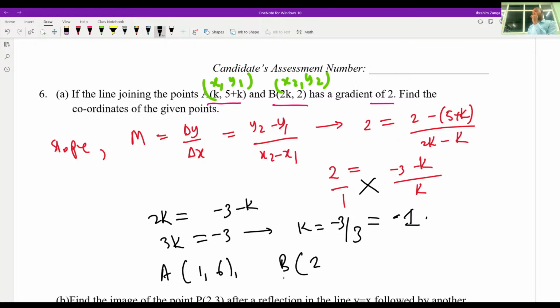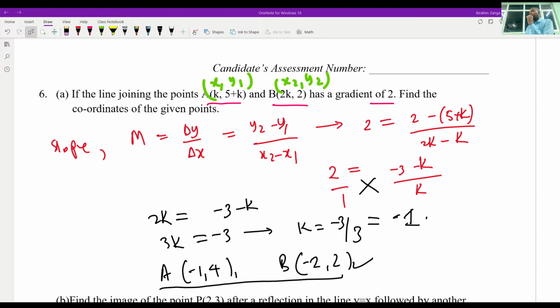So A will be negative 1 comma 4, while B will be negative 2 comma 2. Dear students, you just plug in the value of k, and eventually you get the corresponding value of the given points.